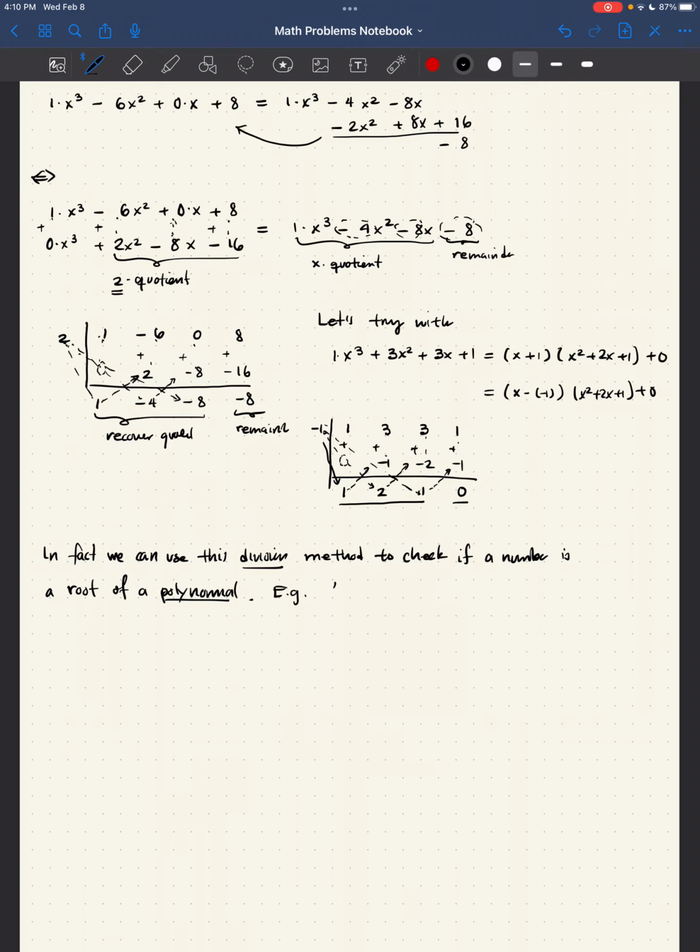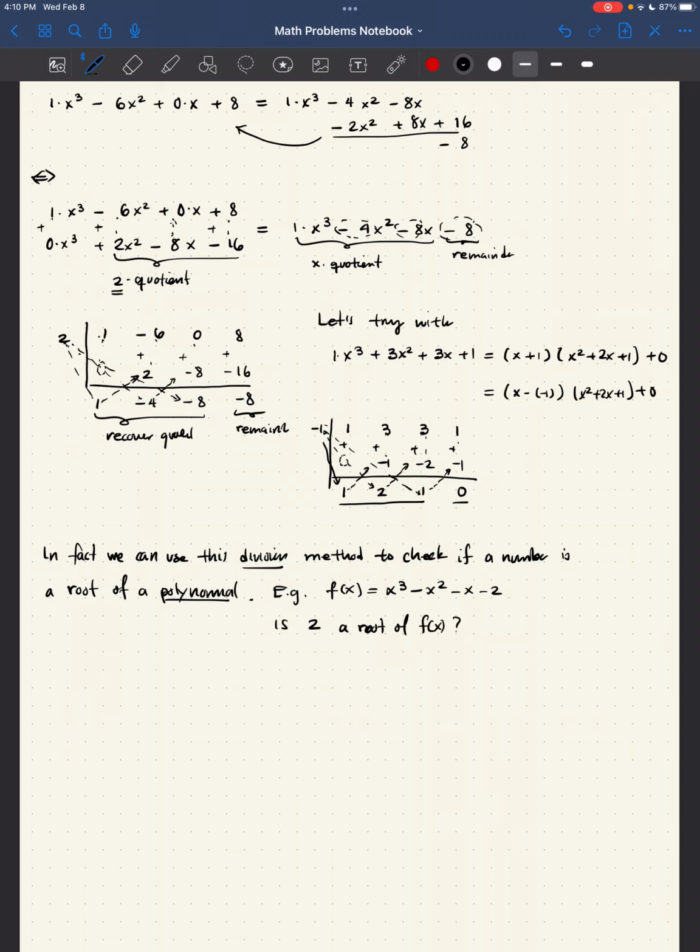Say that you have this function, f of x equal to x cubed minus x squared minus x minus 2. And you wonder if 2 is a root of f of x.